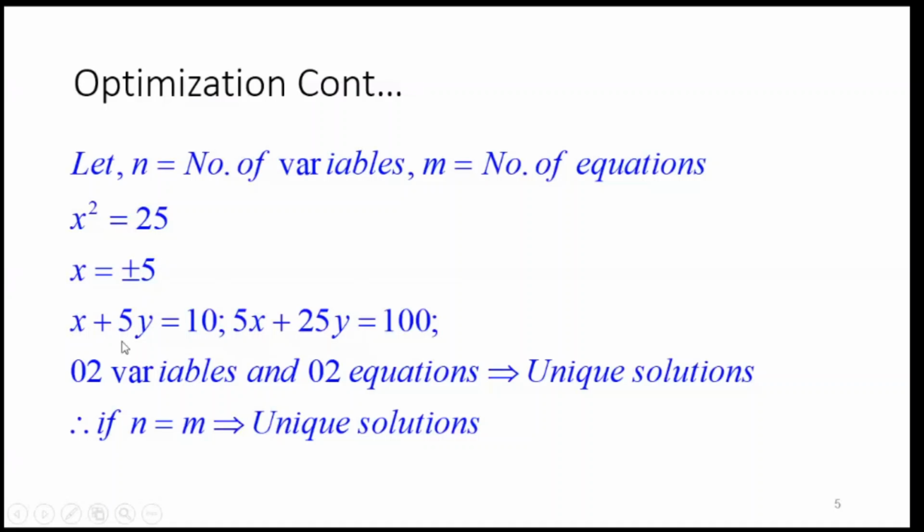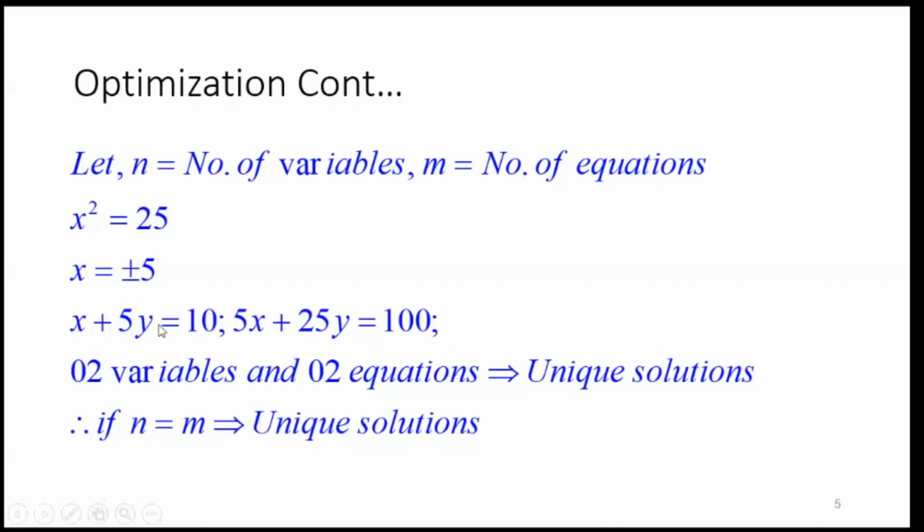Suppose I take another sum, that is x plus 5y is equal to 10 and 5x plus 25y is equal to 100. Right, so this is a two variable problem. It is nothing but the equation of a line. This is also a line, equation of the line. Recall the basic mathematics.